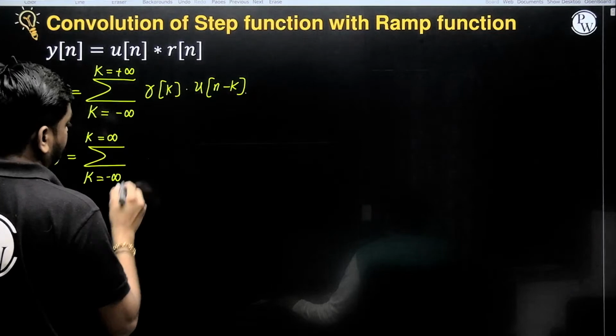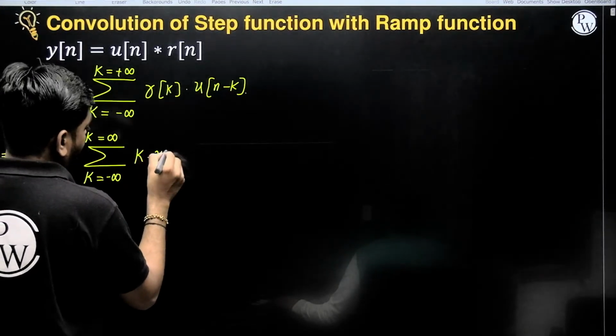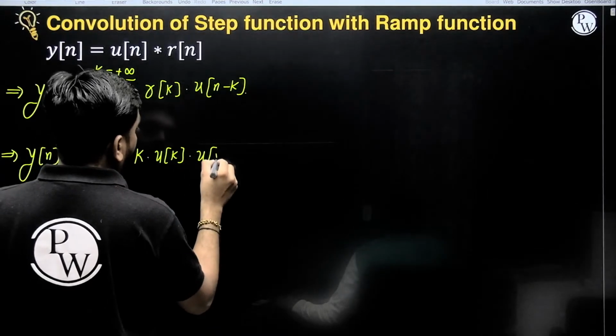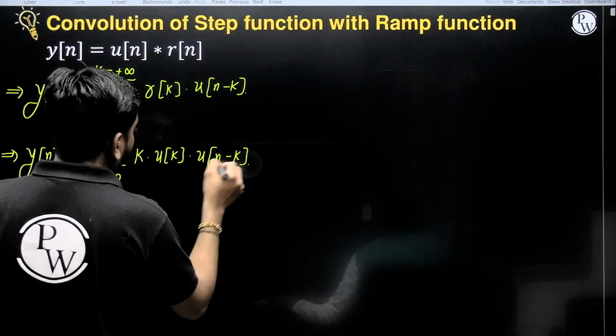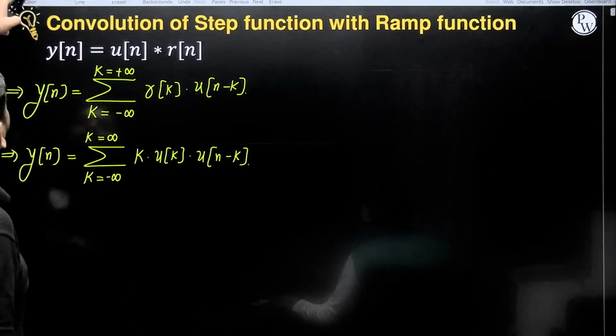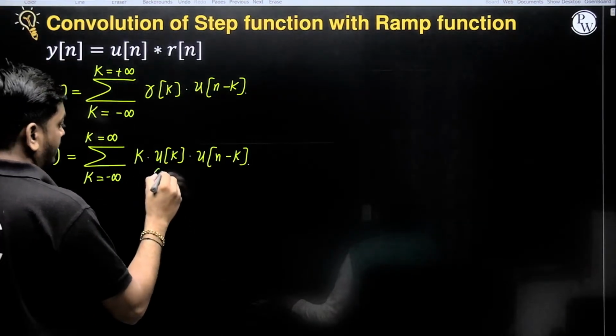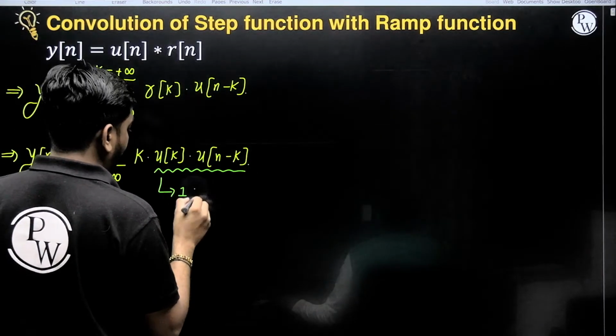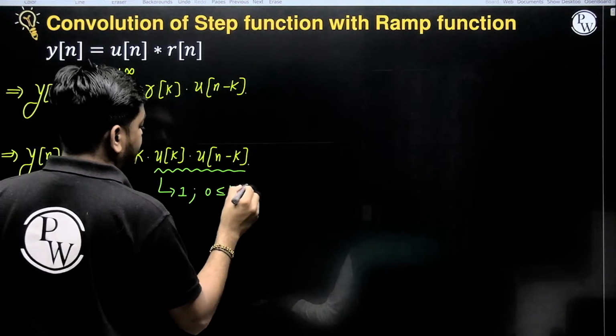So the summation of k into u of k times u of n minus k. Now see, already we know that u is equal to 1 only when k lies between 0 and n.